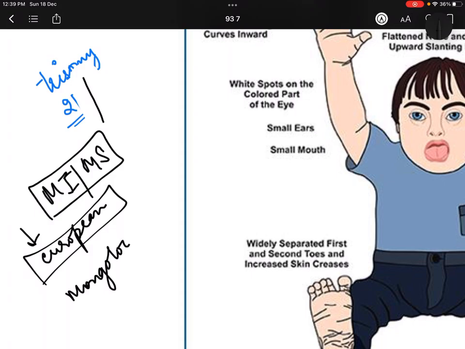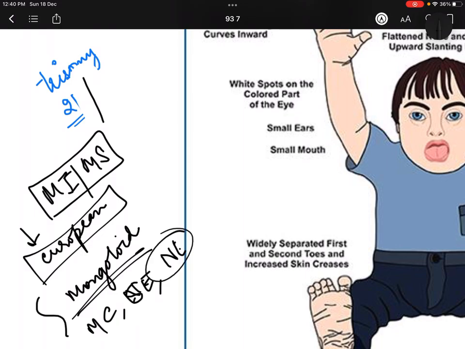Mongoloids are basically racial or ethnic classifications that are done on the basis of different physical features. Mongoloids are people inhabiting present-day China, Mongolia, southeastern nations, Thailand, Cambodia, and some parts of northeast India also.